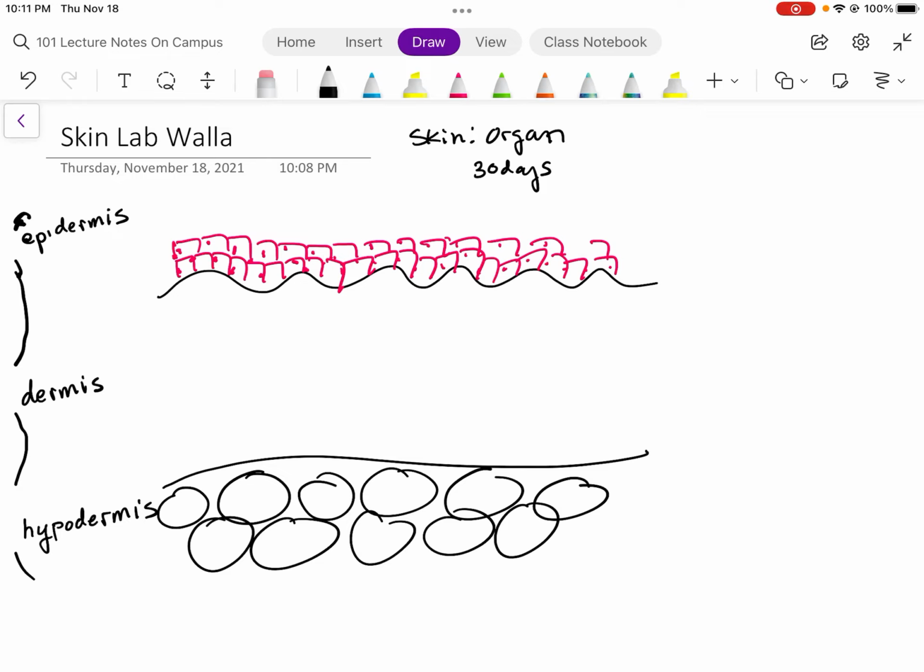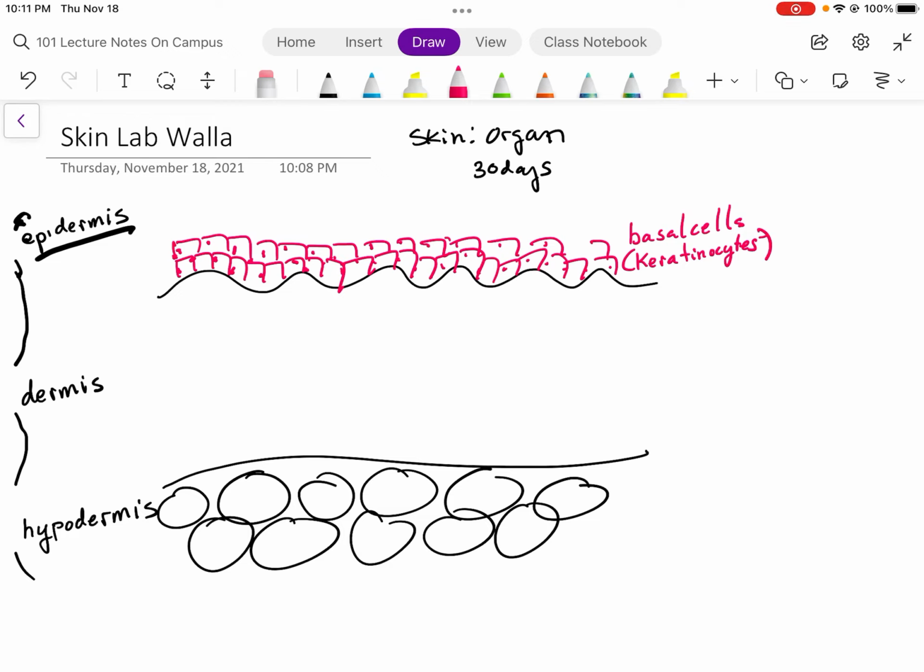The three major layers include the epidermis at the surface, where we see cells that we call basal cells, which are also known as keratinocytes.